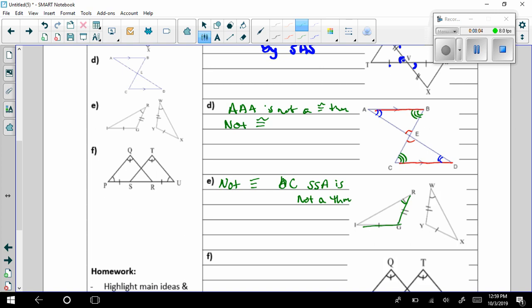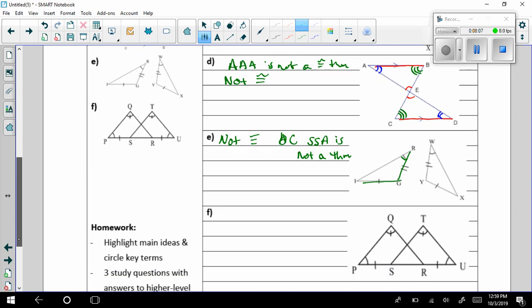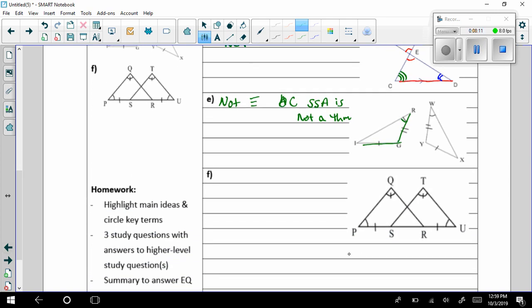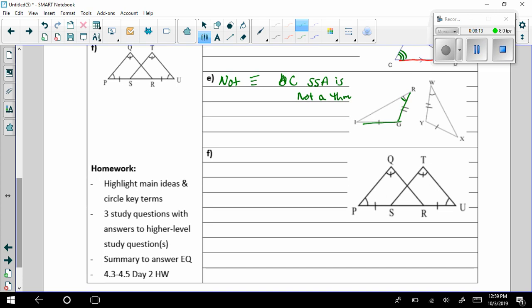Okay. And then down here, if we separate these into two separate triangles, then we know that PR is congruent to SU because this is congruent to itself, so that whole line is congruent.